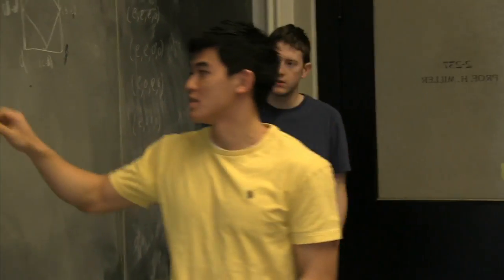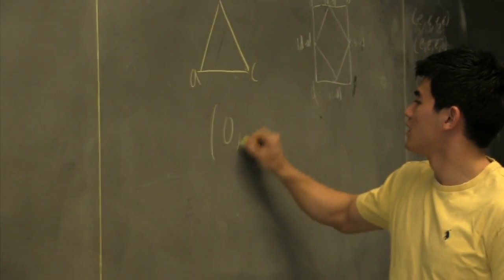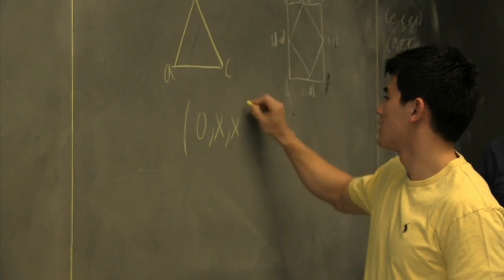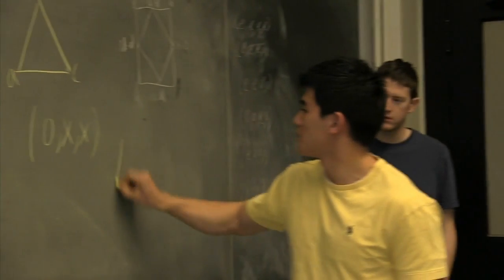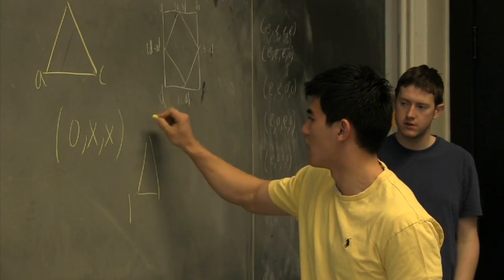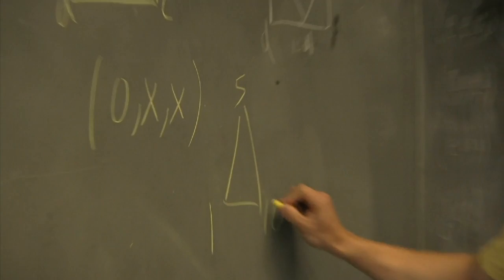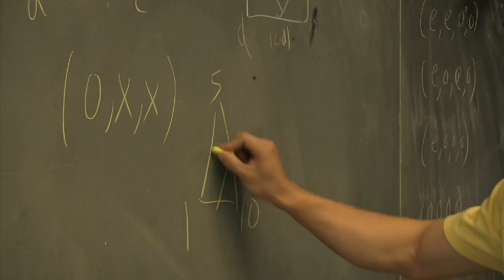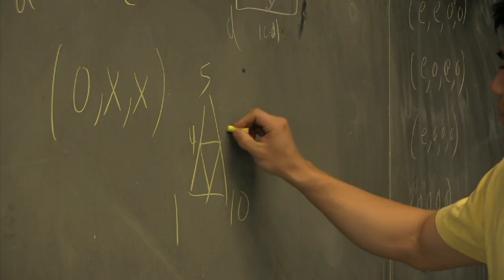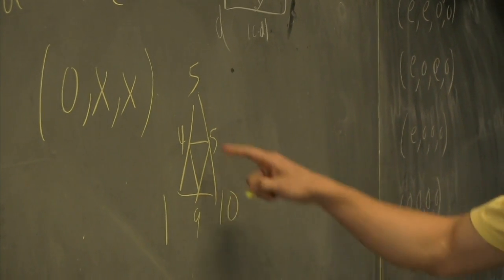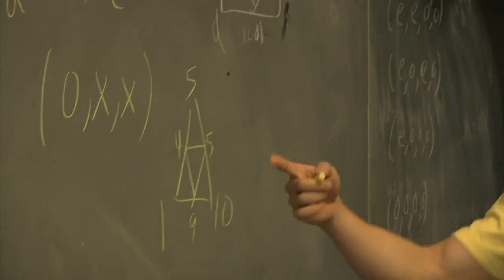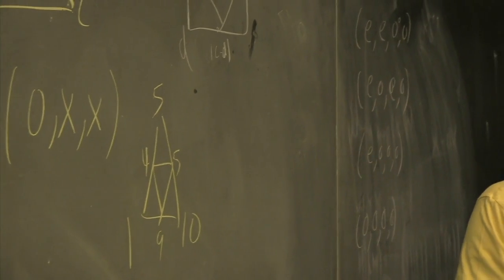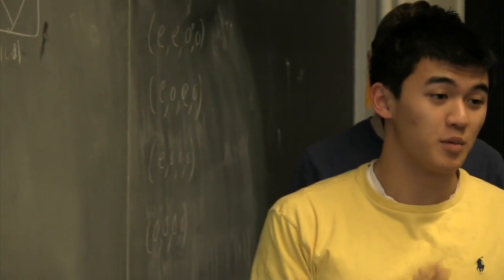It cycles in the form of 0, x, x. So any game that you can make up, say you have 1, 5, 10, and you continue this game, you'll get to the cycle of 0, x, x, and we prove this by a proof of cases.